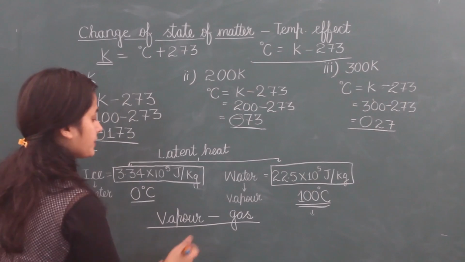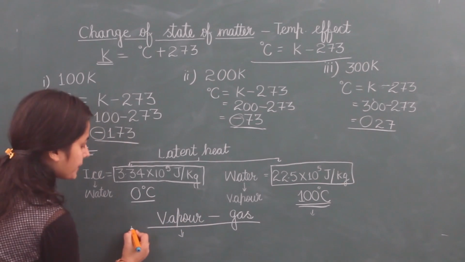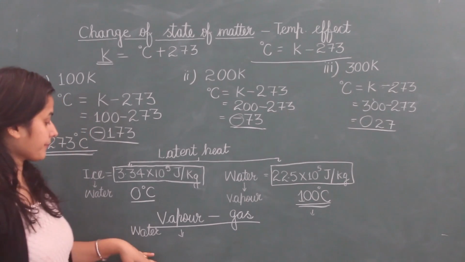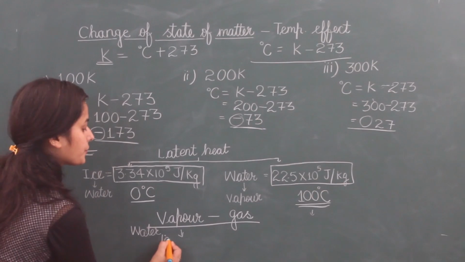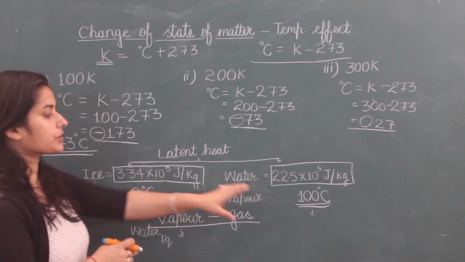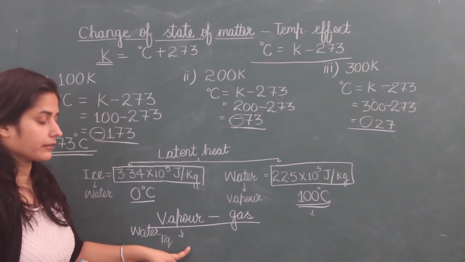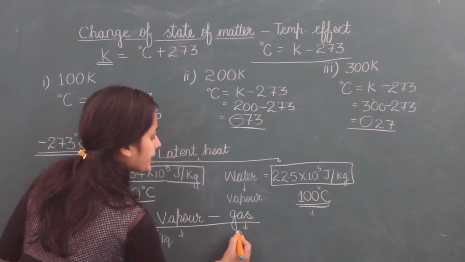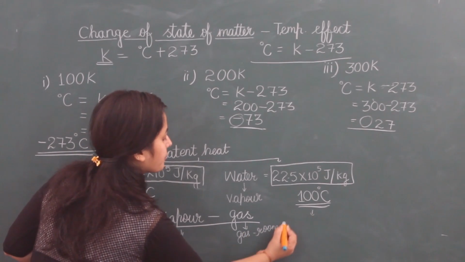See, if we are taking vapors of water, then what happens? This water is liquid at room temperature, and when we give extra heat to this water, it will convert into vapor. But a gas is already in gas state at room temperature.